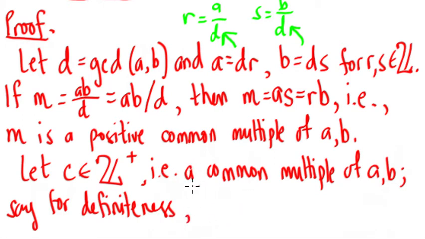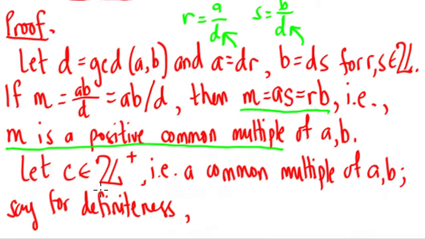Since we said that C is a common multiple, the effect here is that we just wanted M to be a positive common multiple. So therefore, M is equal to AS, RB, right? This is the important part. Since we know that M is a positive common multiple of A and B, we have this equation: M equals AS equals RB.